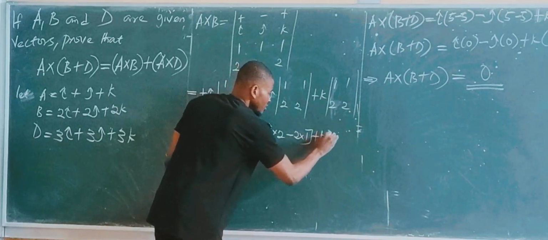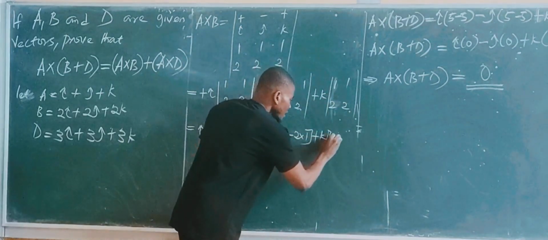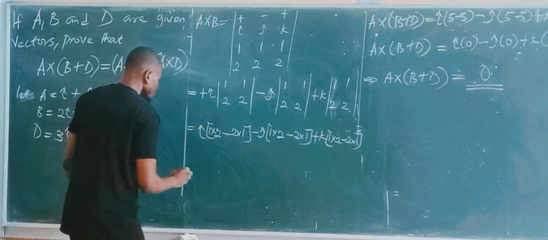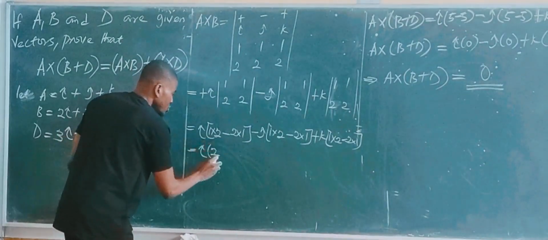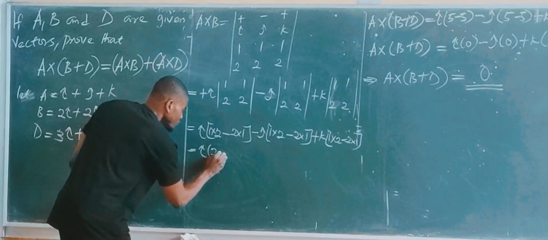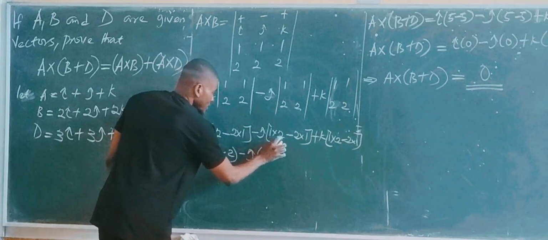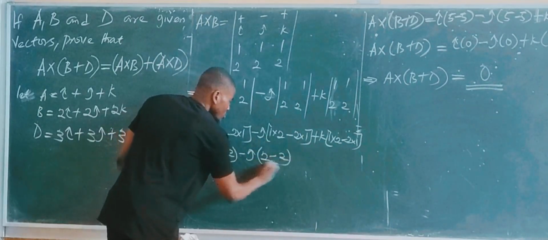Finally, plus k into also the major, 1 times 2, minus 2 times 1. So this is actually i into 2 minus 2, minus j into, also 1 times 2 remains 2, 2 times 1 remains 2, so you have minus 2.